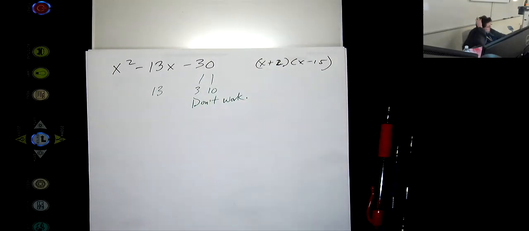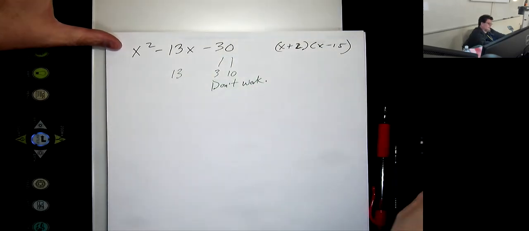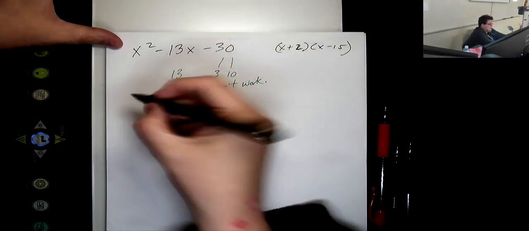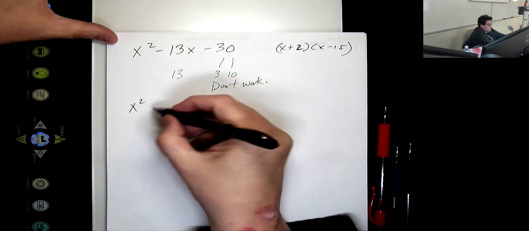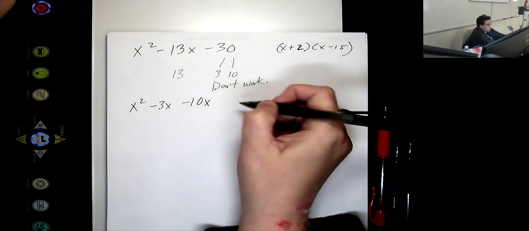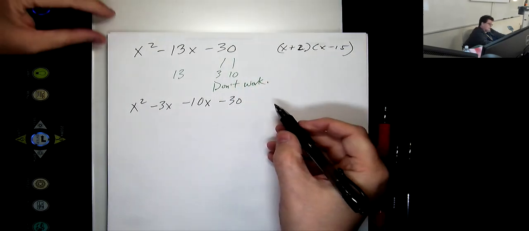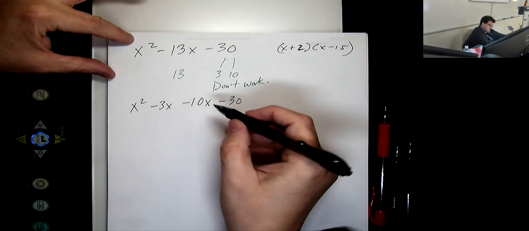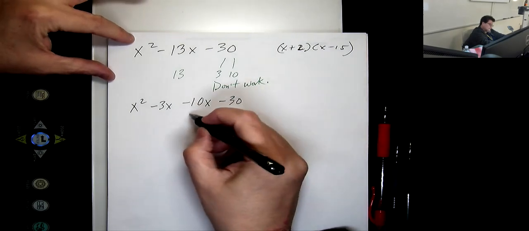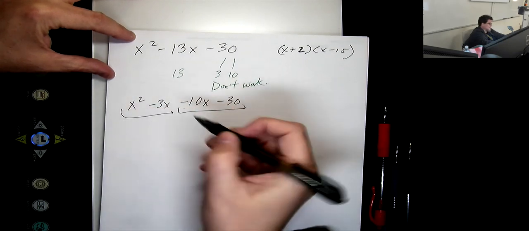So make sure, if you did 3 and 10, now I gotta simulate someone doing 3 and 10. If you had said like minus 3x, minus 10x is usually what happens, and then minus 30. Well, when you do the grouping, it should fall out that something's wrong. That's if you do the grouping.